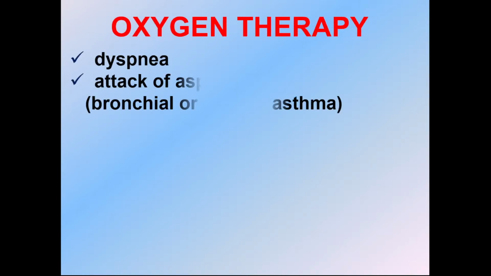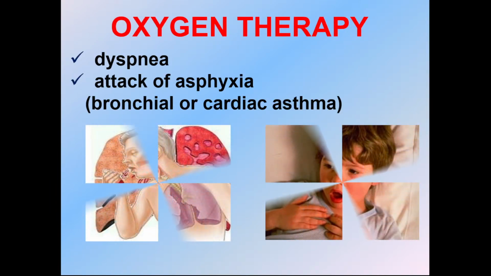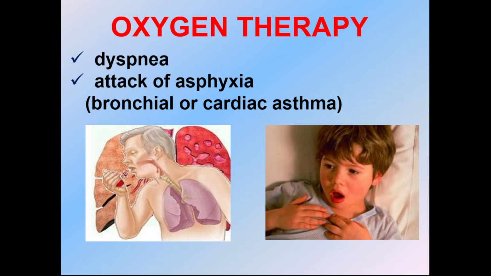We talked about dyspnea, which is characteristic of patients with respiratory and cardiovascular diseases. It is more grave if dyspnea appears suddenly, becomes severe, and the patient feels suffocation or other attacks of asphyxia.